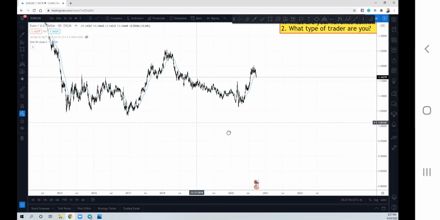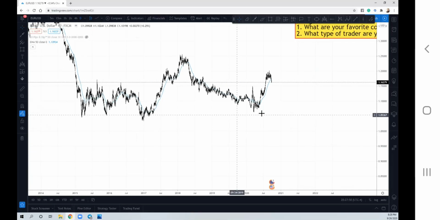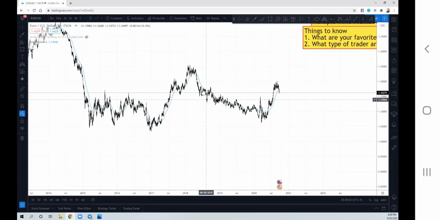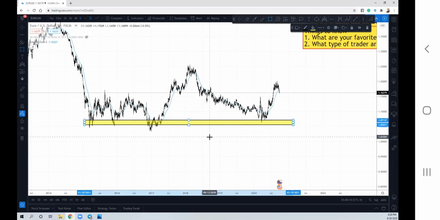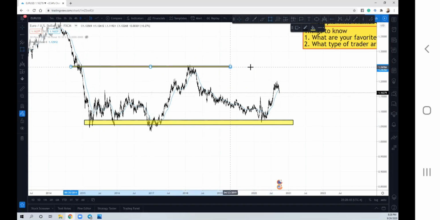So for the daily, I want to see what are my major supports and my major resistance, my ceilings and my floors. So I'm going to take my rectangle and I'm going to mark up my major support and my major resistance.